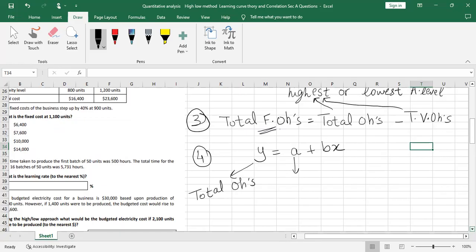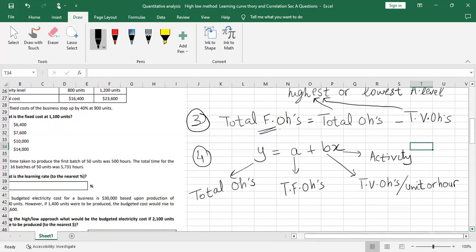A stands for total fixed overheads. B stands for total variable overheads either per unit or per hour, multiplied with what? Multiplied with activity level.